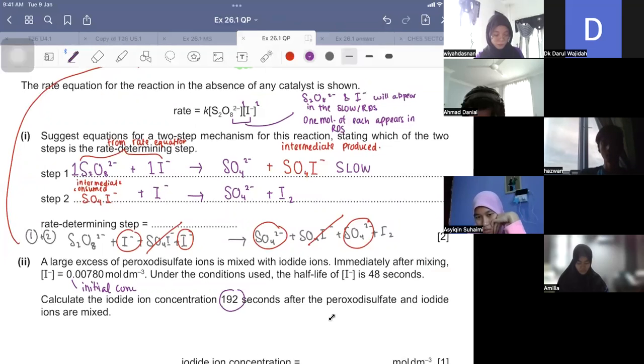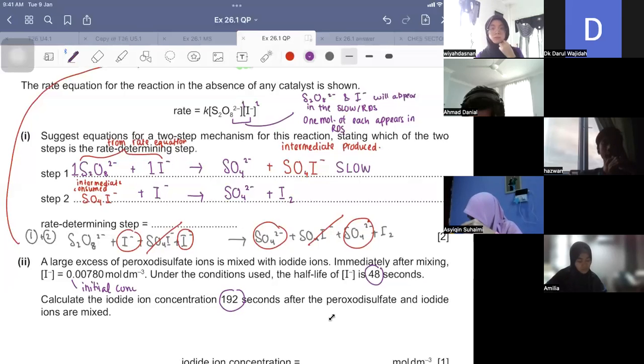But what I do want to relate is the time after the reaction has started, and how many times the half-life that is. So 192 seconds, I want to know how many half-lives that is. If it's a nice whole number, then we can use this information about half-life, half the concentration.